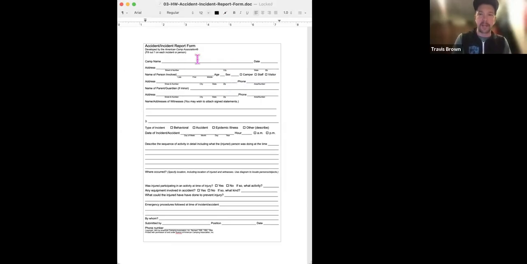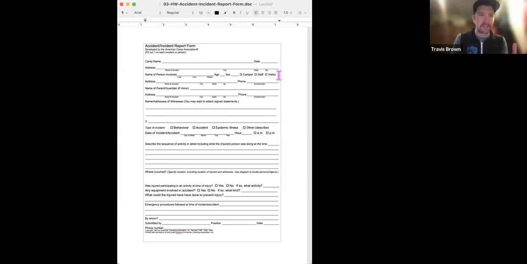So this starts with all of the information that we want. Camp name, venue location, address of the location, person involved, age, sex, and affiliation, I would say. So are they a participant? Are they another instructor, or a bystander? It can be a really good way to break those down.